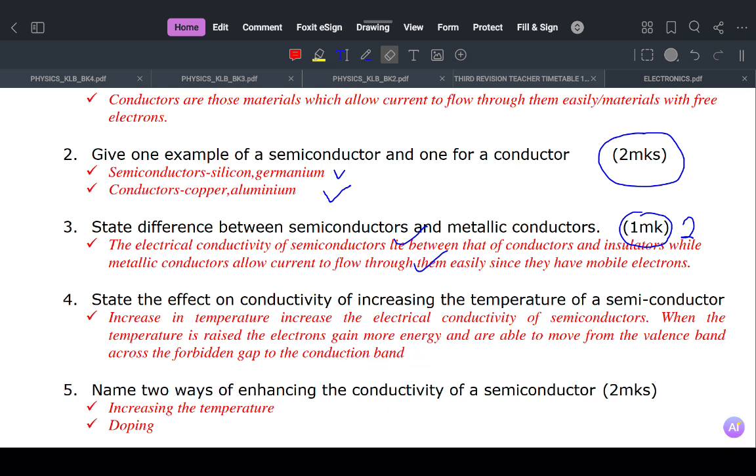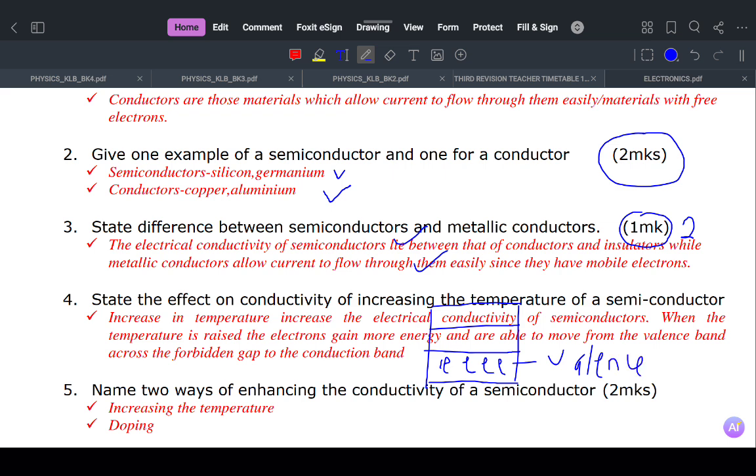All right, you may wish to explain this using a diagram. Remember, semiconductors have what is called the valence band.